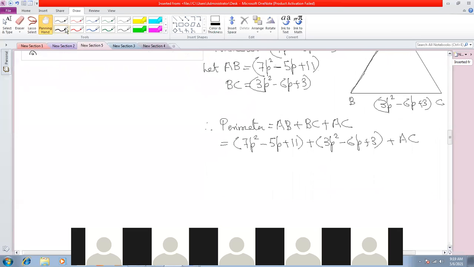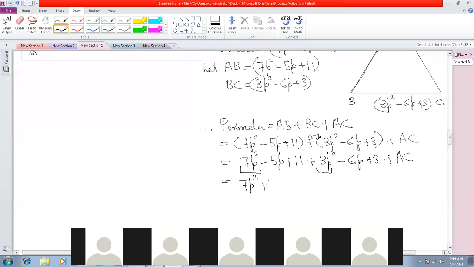Now we simplify this a little. We open the brackets first. Since there's a plus sign outside the bracket, we don't need to change the signs. You have AC as it is. Now what are the like terms here? 7p square and 3p square, so we take them together.